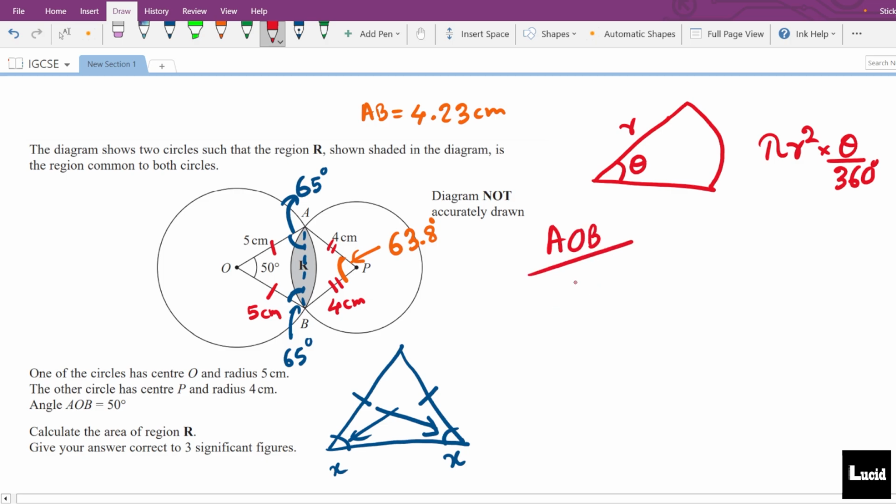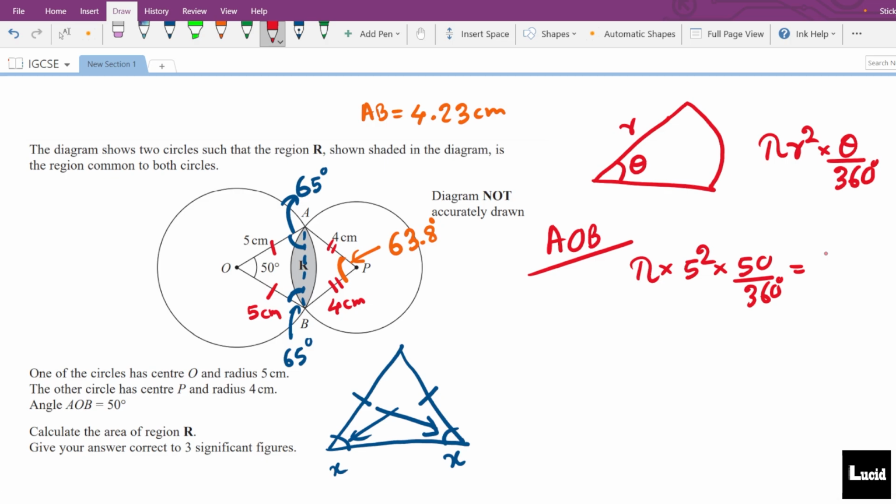The area is pi r squared into 50 over 360, which gives you 10.9 centimeters squared. So this is the AOB sector.